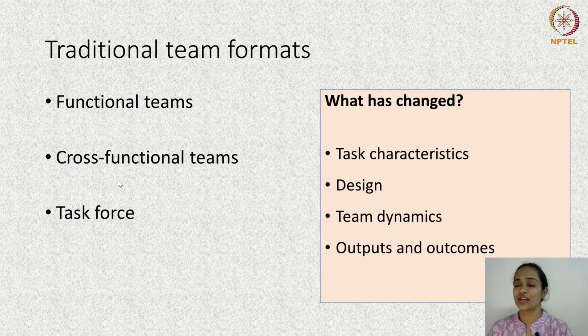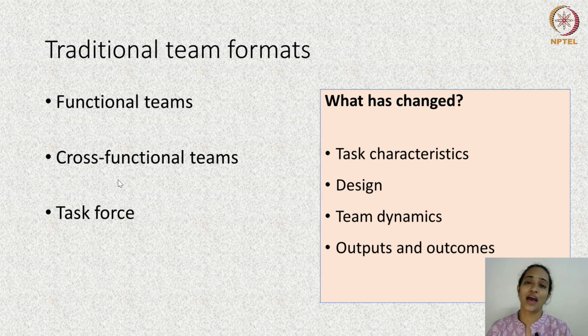What has changed? If we take the IPO model, we would see that almost all elements of the IPO have changed. Task characteristics have undergone a great change. The team design has undergone a great change.